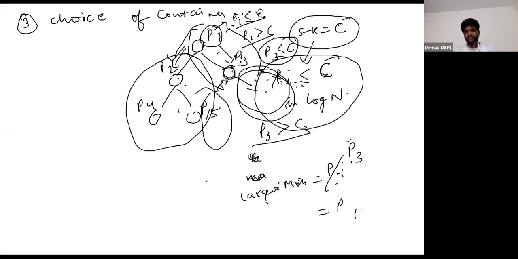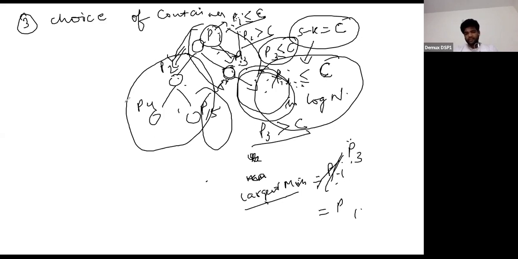And if P1 is less than or equal to C, then you can update the largest minimum that you have encountered so far to the maximum of whatever you have encountered, comma P1, and then continue the search on the right half. Why? Because in the left half, everything is less than P1. So you have already found a valid solution which is equal to P1.